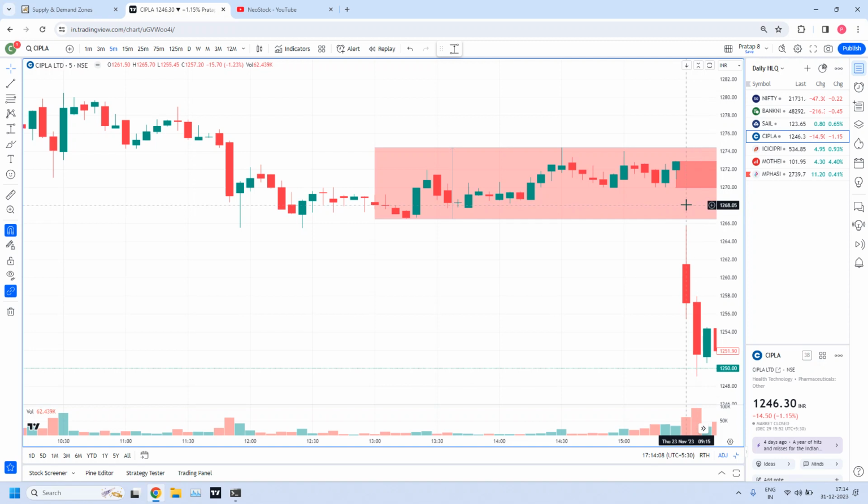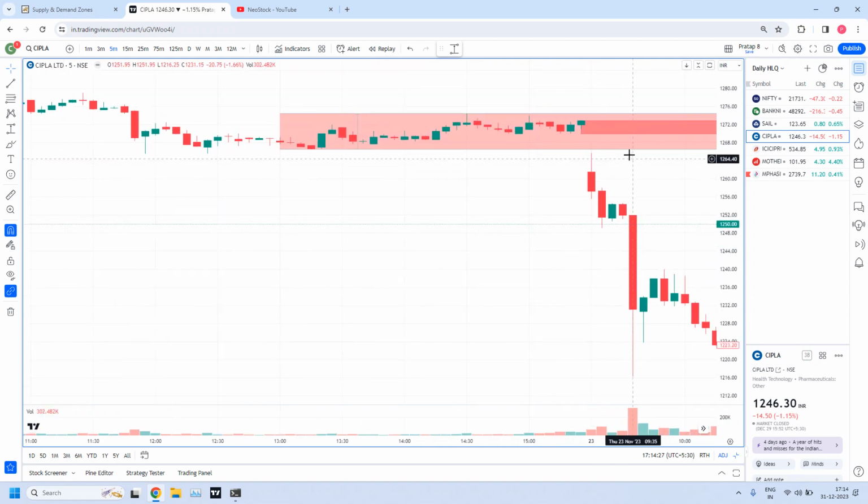Suppose somewhere in between in the professional gap area, if you want to take a trade, till this 5 minutes demand supply zone, digital line, if the risk is manageable, you can take a trade. Because professional gap, there are always institutional pending orders.